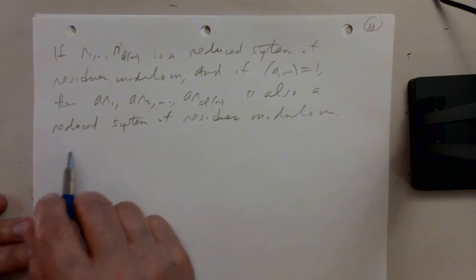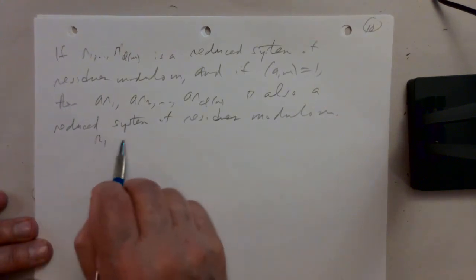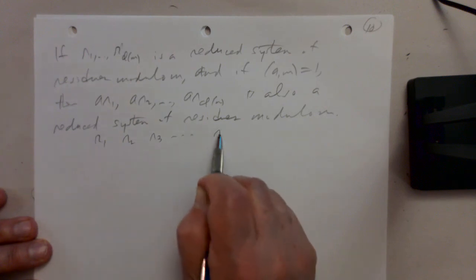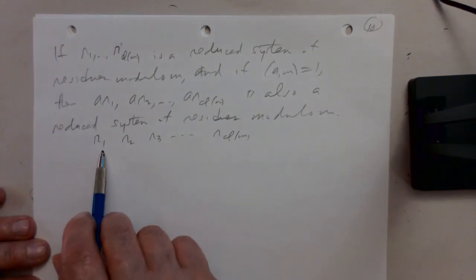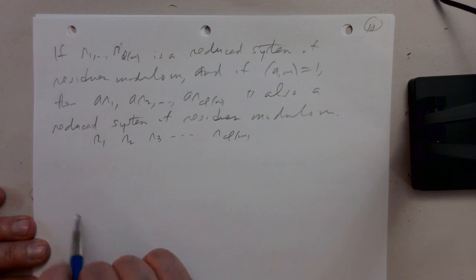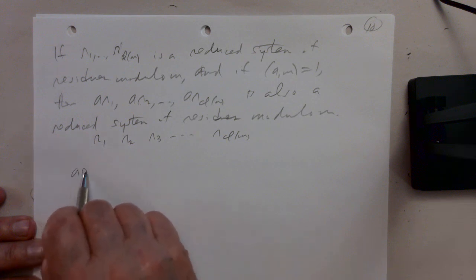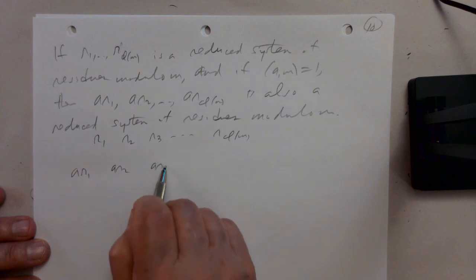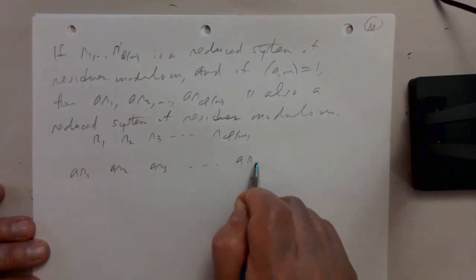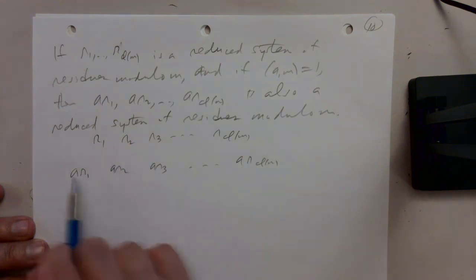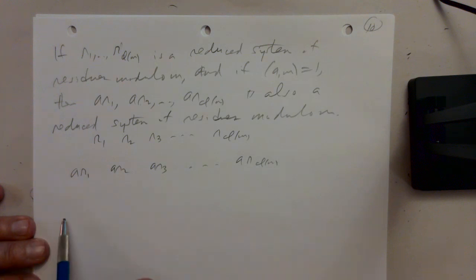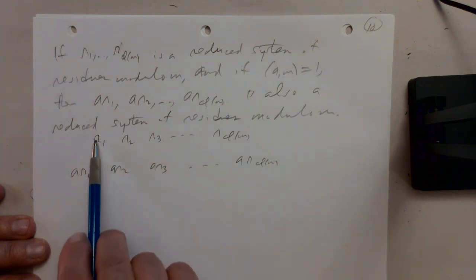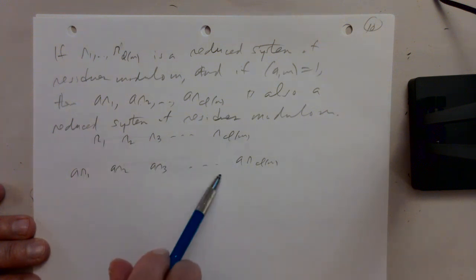So you can look at this like this. Imagine you have R1, R2, R3, up to R sub phi of M. So these are integers, all relatively prime to M, and no two of them are congruent to each other. And then we have the integers AR1, AR2, AR3, up to AR sub phi of M. And these integers are also another reduced system of residues mod M. So if you take any congruence class relatively prime to M, it has a representative in this row and also in this row.